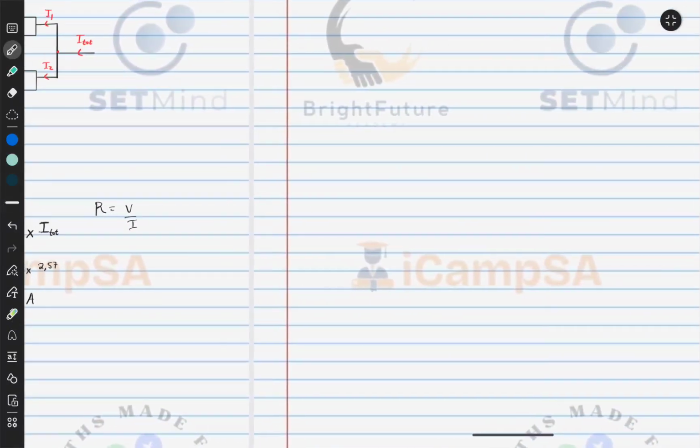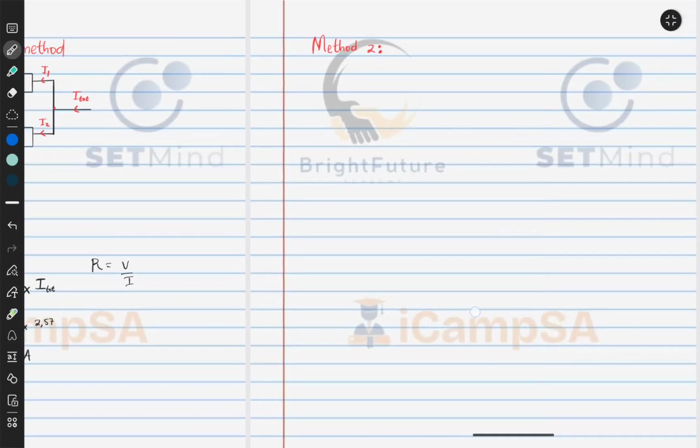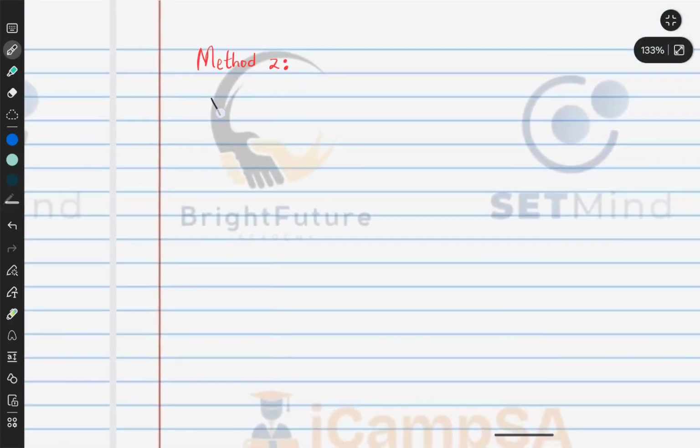So what we can say is V is IR, right? I times R. Our I is the total current, which is 2.57, multiplied by the resistance, which is 4. And then we get our voltage.